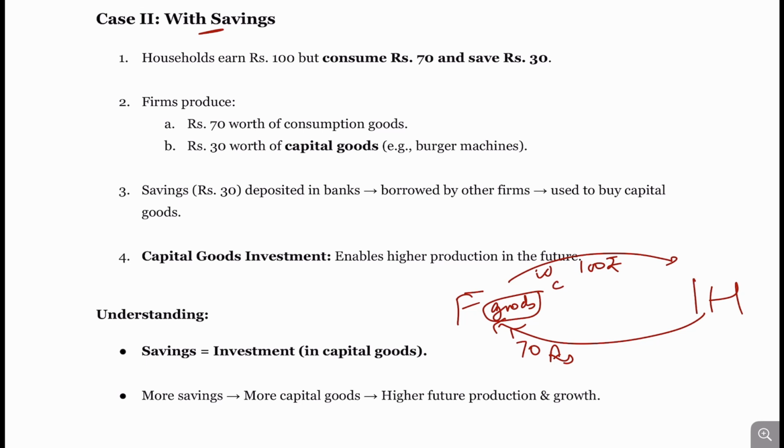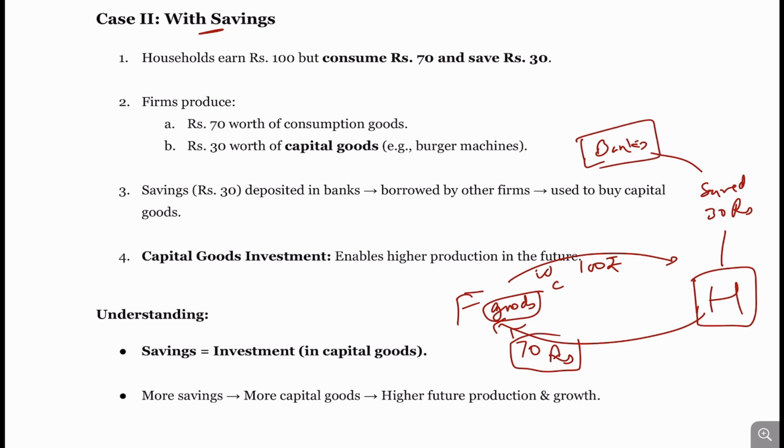So these households are spending only 70 this time. 70 rupees are spent buying goods. The remaining 30 rupees are saved in the banks. What will this bank do?